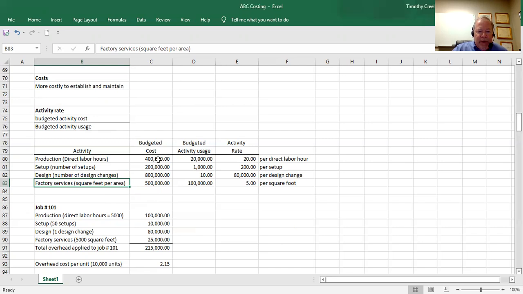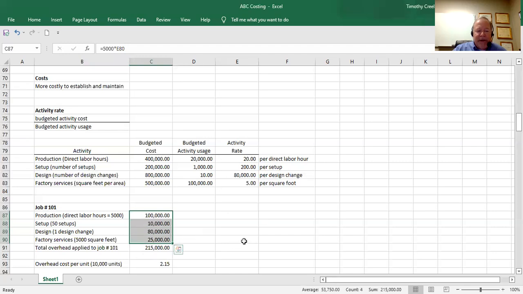And so then you come up with a budgeted cost for each of those activities, and a budgeted or anticipated activity level for those activities. And then you come up with an activity rate. And then you apply it to your jobs or products based on how much of these activities they use. And that would be how you would determine the total amount of overhead applied to that product or that job.